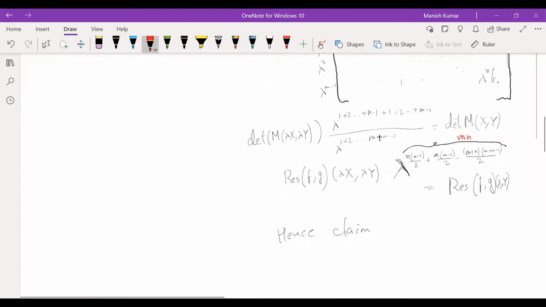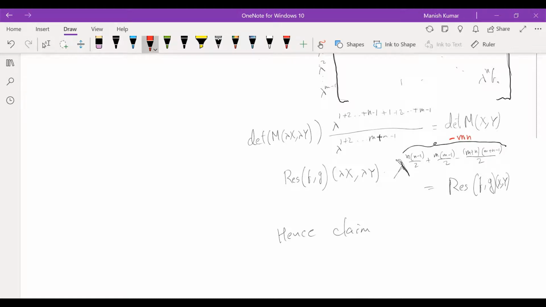So that tells you that the resultant of f, g at lambda x, lambda y is, this will be negative mn, not mn. Yeah, m times n will be with a negative sign.